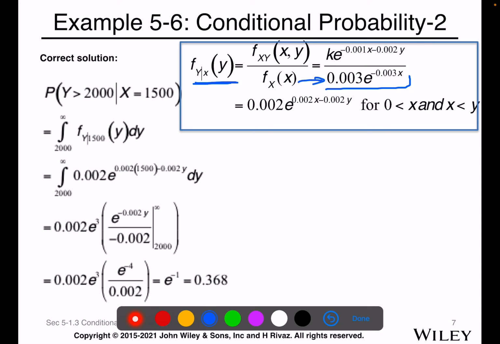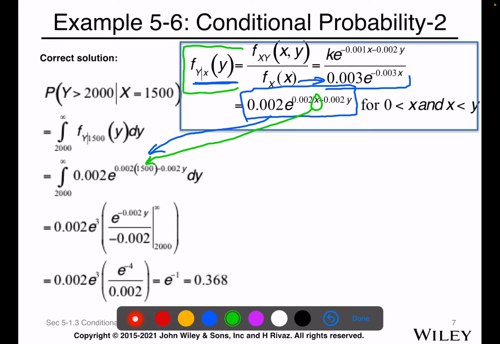And once we have this equation, I can plug it in here, and say that, okay, instead of x, I'm going to plug in 1,500. So this is the correct solution. And this is what we just did. Why is this correct? Because I used the equation for conditional probability.